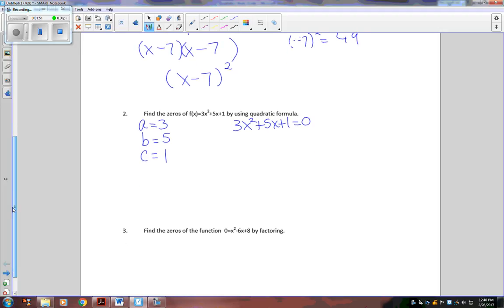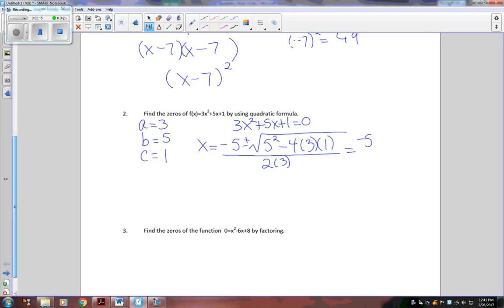Now substitute those values into your quadratic formula. So you have the opposite of B, which would be negative 5, plus or minus the square root of B squared, which is 5 squared, minus 4 times A, which is 3, times C, which is 1, all over 2 times A. Now simplify what's under the radical next.